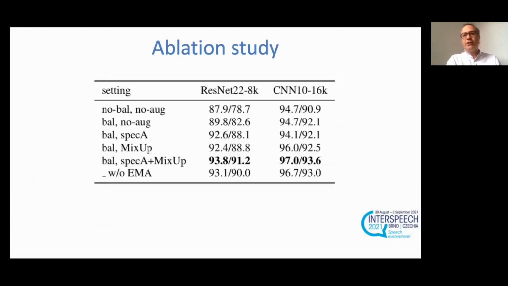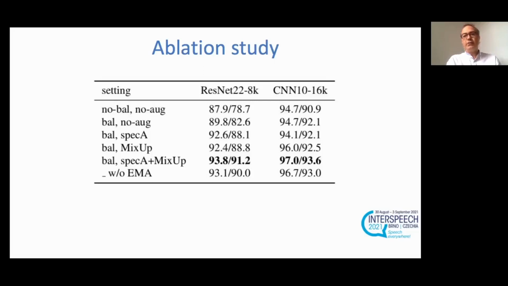So this is a small ablation study showing the different impacts of these techniques. So for instance, with ResNet 22, if we don't use a balanced sampler, we degrade the results.